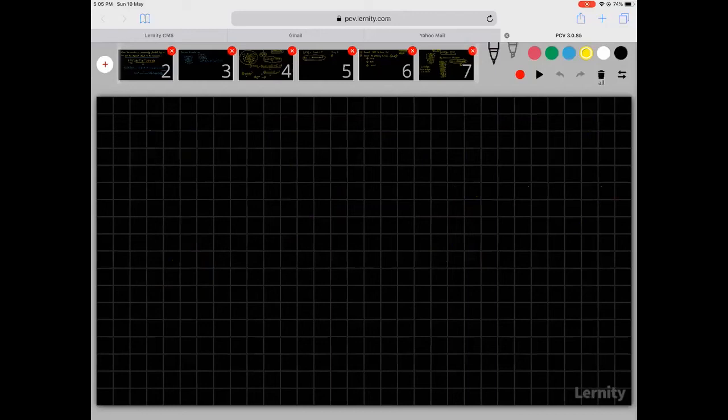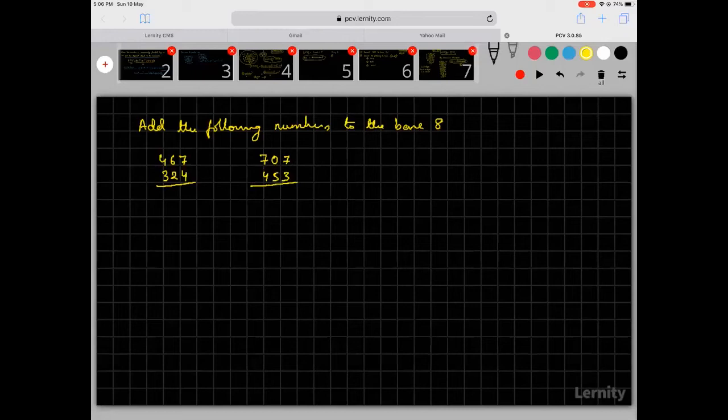Okay. So 3 more questions for you as homework. This is addition, this is subtraction.